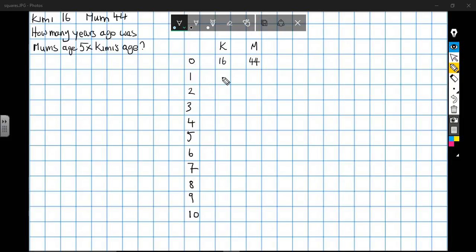If we go back 1 year, Kimi is going to be 15 and Mum 43. You see what I mean? Back 2 years, that's 14 and 42. In fact, it's just going to be easier if I do it like this.